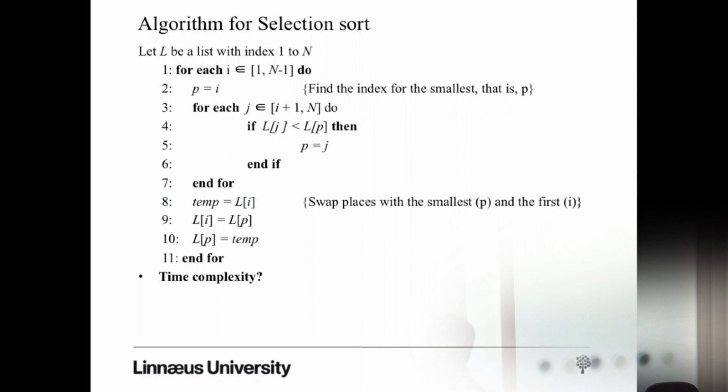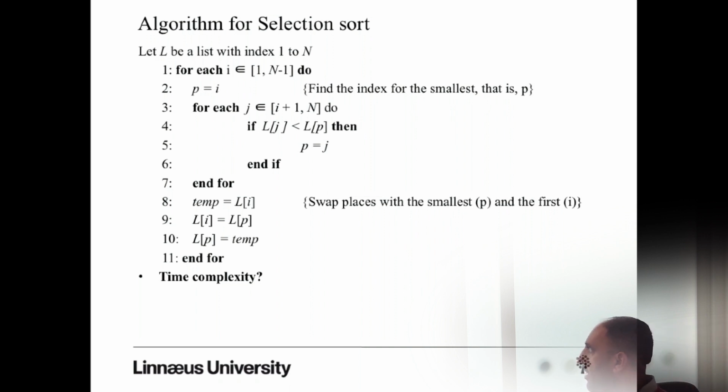Okay, and in this case, if I ask you to estimate the time complexity for this algorithm, could you give me some estimate? Could you analyze which part of this pseudocode is going to execute the most number of times, and how many times exactly?